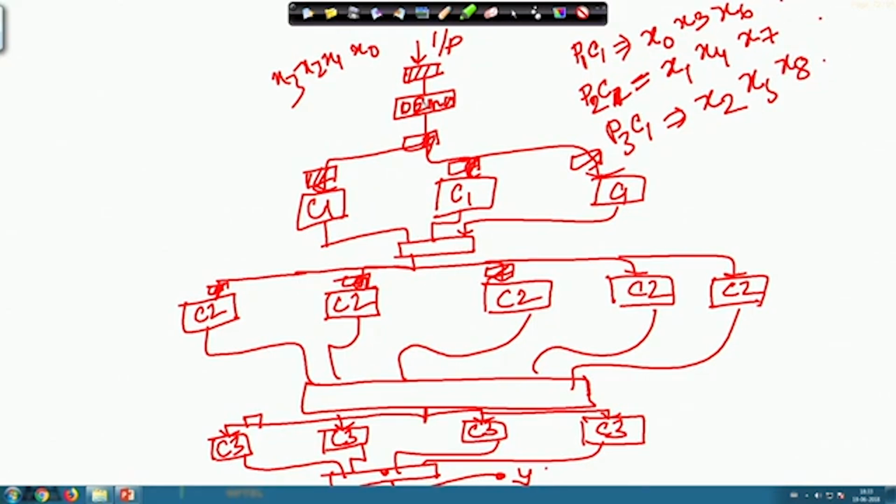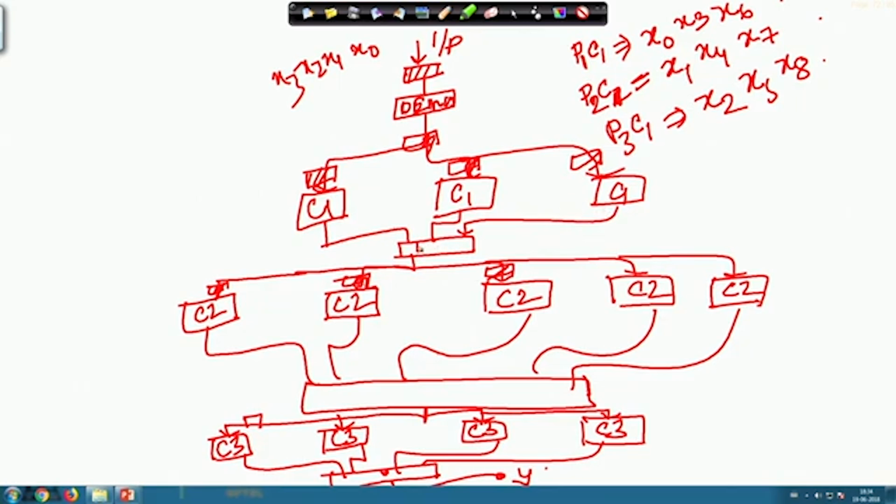So, from this particular demultiplexer block, all of x0, x3, x6 will be coming to this particular processing block. At this point x1, x4, x7 will be connected, and for this P3 C1, the samples x2, x5, x8 will come to this particular processing block. Then again that will be these 3 inputs.